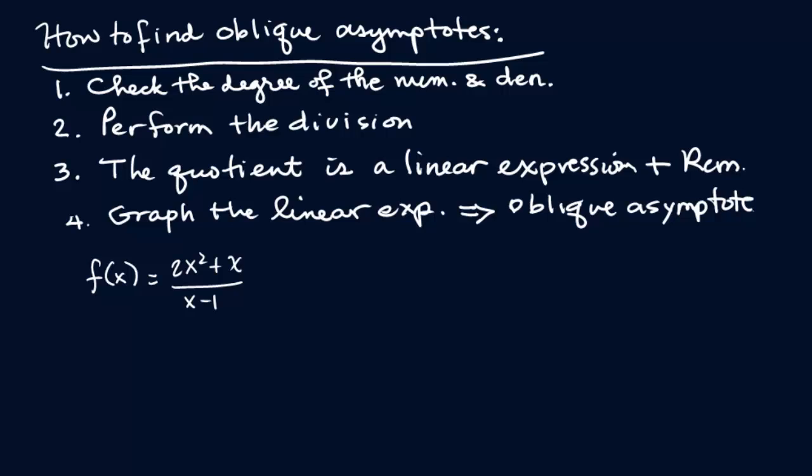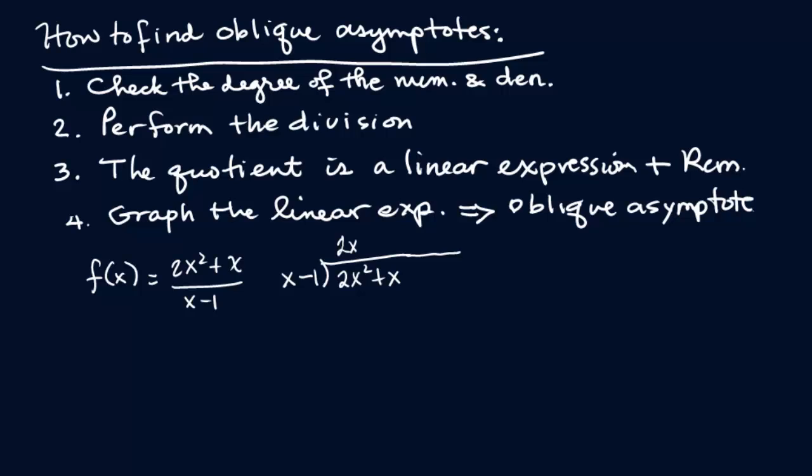Now let's go back to your algebra that you love so much and perform the corresponding division. 2x squared plus x, and I will extend this because there are other terms that we might incur, divided by x minus 1. Now how do you do your long division? Do you remember how you do your long division? 2x squared divided by x, that's equal to 2x.